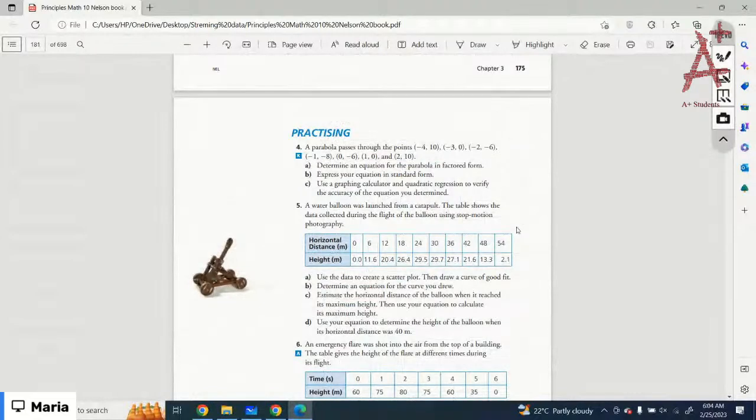A parabola passes through the points negative 4, 10, negative 3, negative 2, negative 6, negative 1, negative 8, negative 6, 1, 0, and 2, 10. Determine the equation for the parabola in factored form. Express your equation in standard form. Use the graphing calculator and quadratic regression to verify the accuracy of the equation you determined.